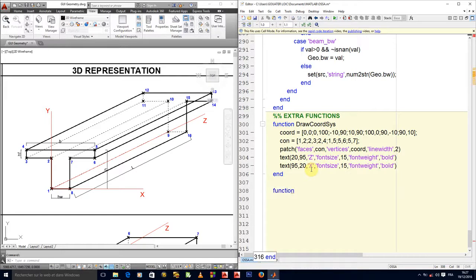This function will just help us to draw our 3D element, so let's call it 3D draw. Oh, a function cannot start with a number. That nomenclature is not correct, so I'll inverse it: draw 3D. Good.